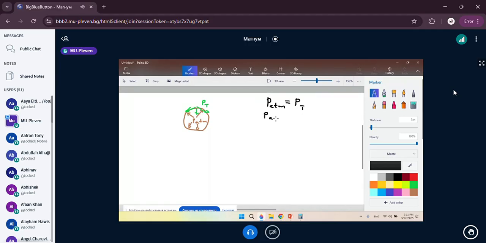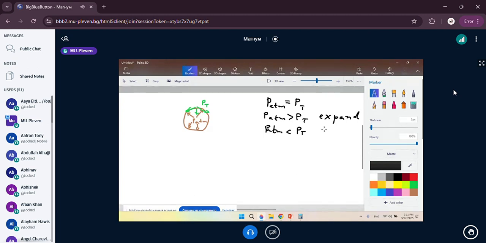If atmospheric pressure is bigger, then we've got expansion. It will expand. If P atmospheric is less than, then what? It will reduce in size.